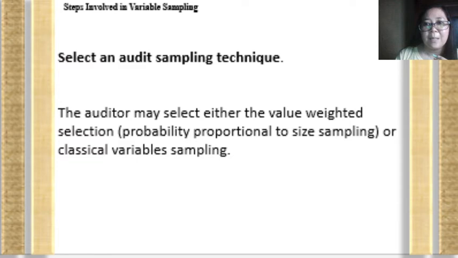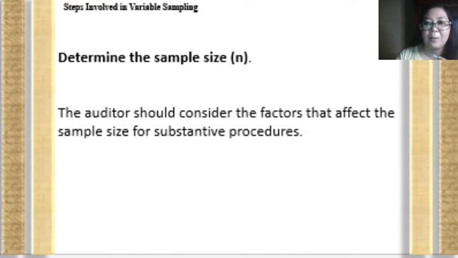The next step is to select an audit sampling technique. The auditor may select either value weighted selection, which is also called probability proportion to size sampling, or classical variable sampling. As we go along, we will discuss them as well.